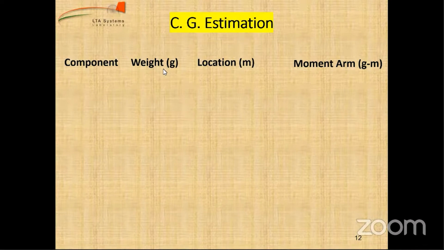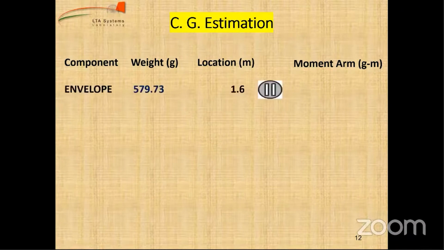Didn't we multiply their mass with the location and add all of that up for all the masses and then divide by the total weight of the system, right? So we're going to do the same again. Moment arm is basically the weight of each component multiplied by its location, x. That is the moment arm. So we're going to add the moment arm of all the components and divide it by the total weight that we have. A simple thing again, nothing complicated here.